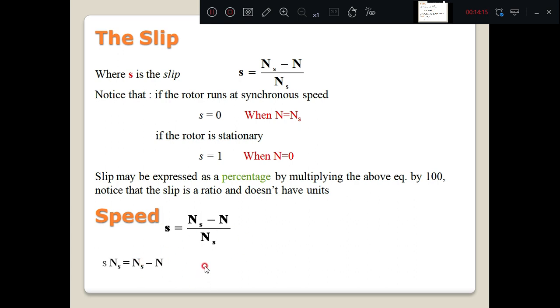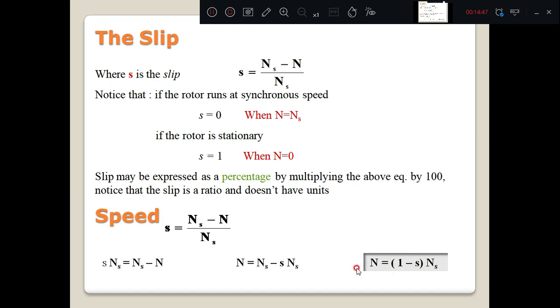Then I am rearranging the terms, transferring n to the left hand side and s ns to the right hand side. Then what I am getting is n is equal to ns minus s ns. In these two terms, ns is common, therefore I will take ns as common. Then I express the speed of the rotor of an induction motor as n is equal to 1 minus s times ns.